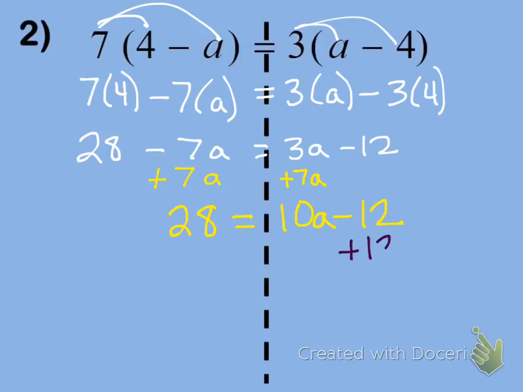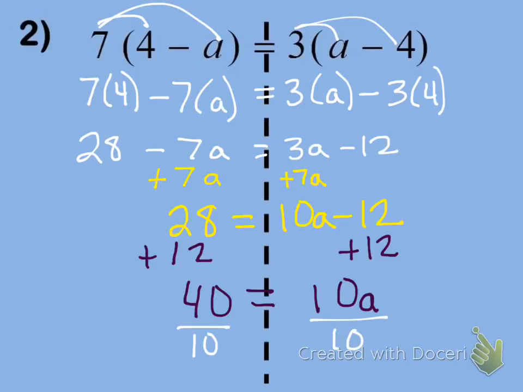Plus 12. Good. That gives me 40 equals 10a. And you divide by 10, and again we get a 4. So a equals 4 here.